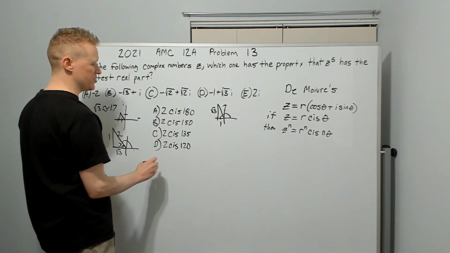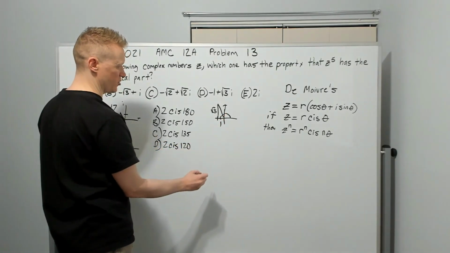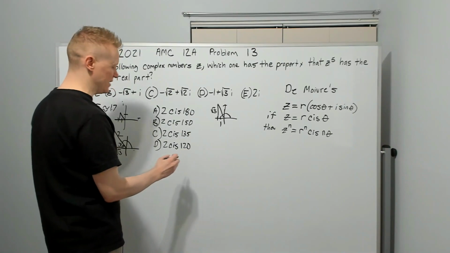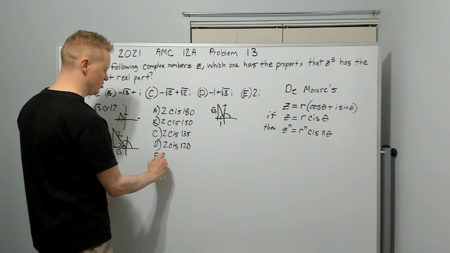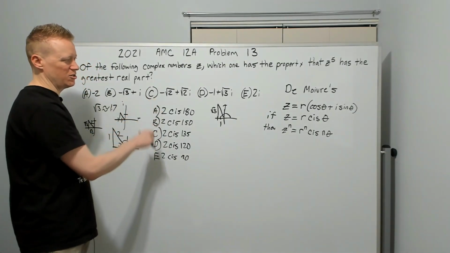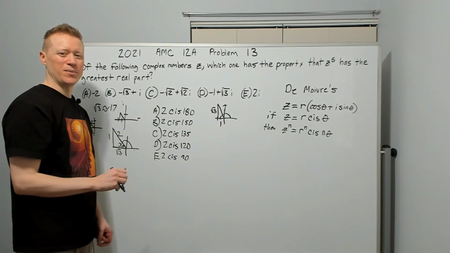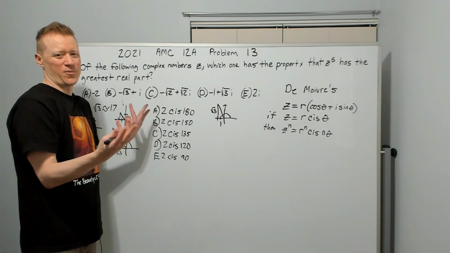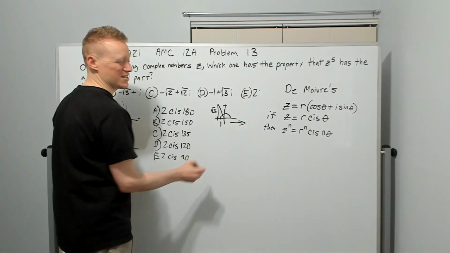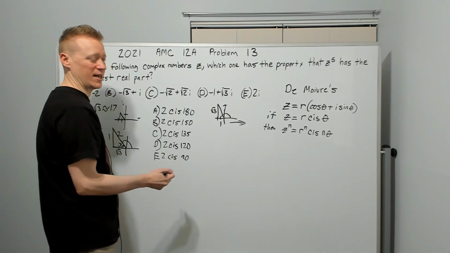And then you have 2i, which is going straight where? Up. Straight up, it'd be 90 degrees. And so that would be 2 cis 90. Now, none of these 2's are going to be terribly impacted by taking it to the fifth power. They all become 32. So we really just care which one is the farthest this direction angle-wise, right?